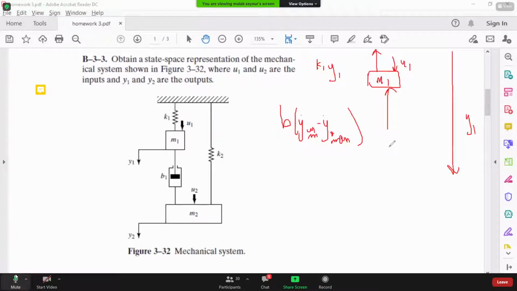Exactly. So the damping force is always acting against the movement. So it absorbs energy from the system. It's like friction. Friction is always against the movement. So your damping force is always against your movement. Y1 is downwards, then your force should be upwards. That's it. We're done with the first step.